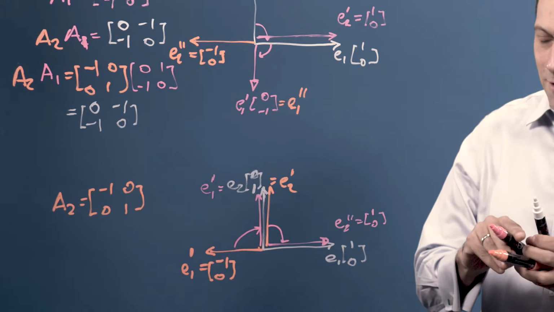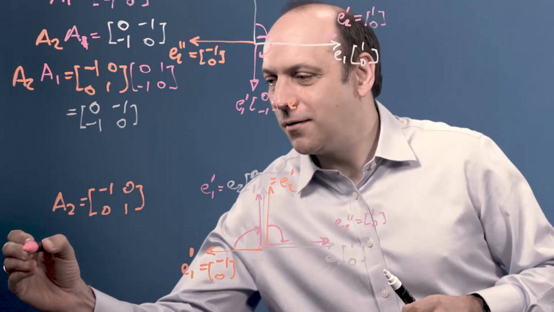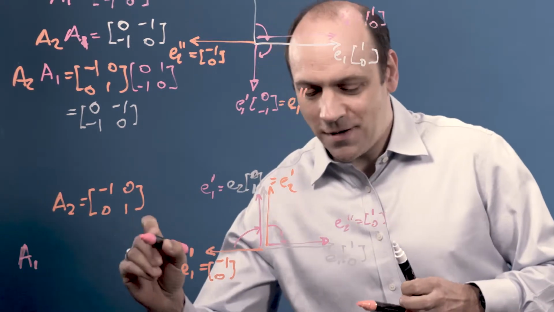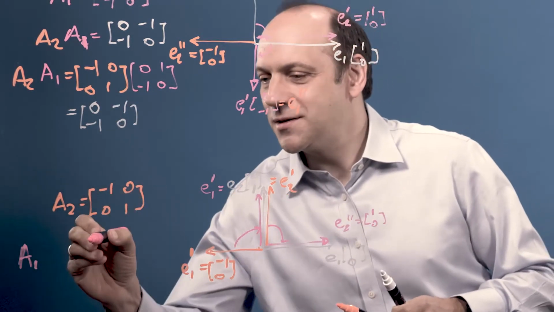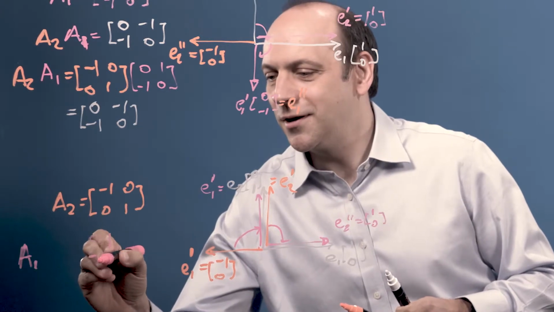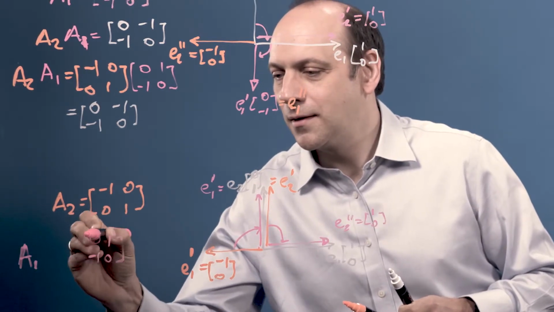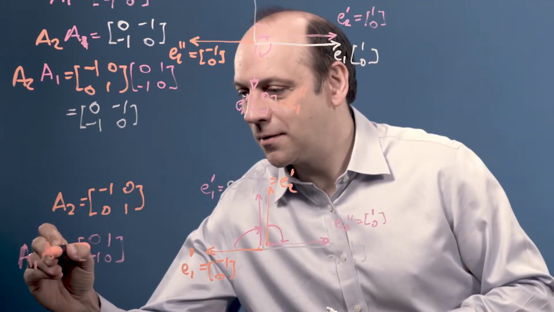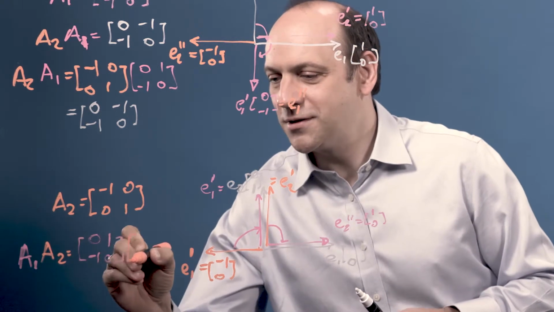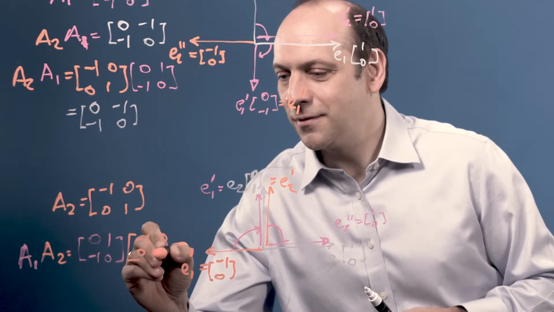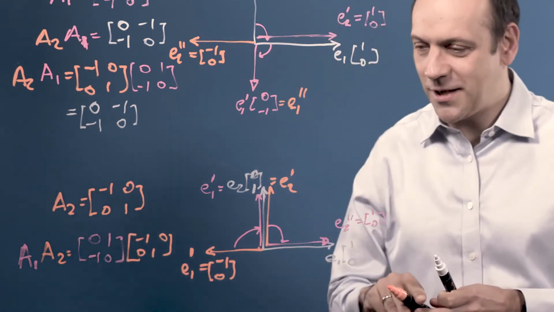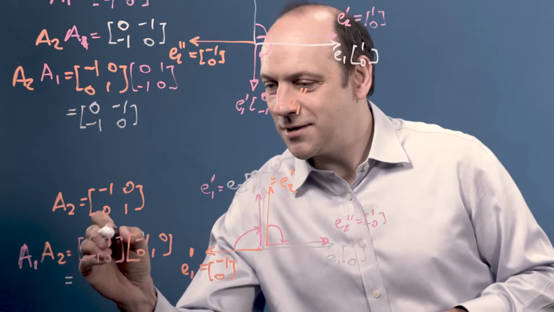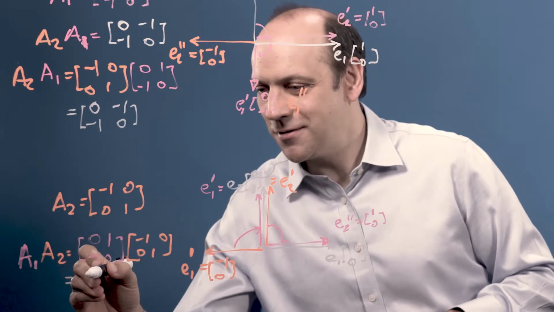Let's look how that works out matrix-wise. If we do A1 to A2, A1 was (0, 1; -1, 0), and we do that to A2, which was (-1, 0; 0, 1), then we've got to do that matrix multiplication. And what that's going to give us is 0 times -1 plus 1 times 0, which is 0.